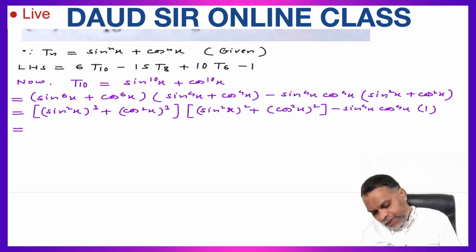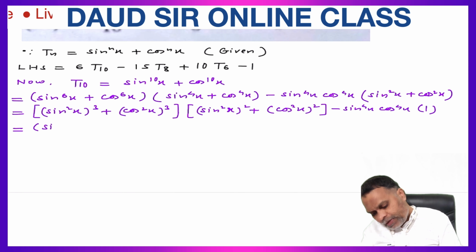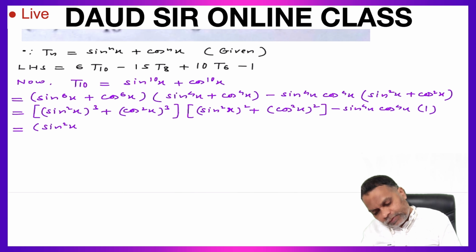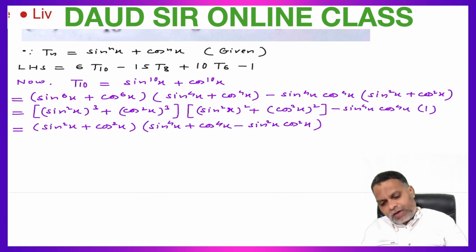So this is the a cube plus b cube identity, (a plus b), where a is sin square x and b is cos square x, (a plus b)(a square plus b square minus ab), which means sin raised to the power 4x plus cos raised to the power 4x minus ab, sin square x into cos square x. Now simplify this bracket.